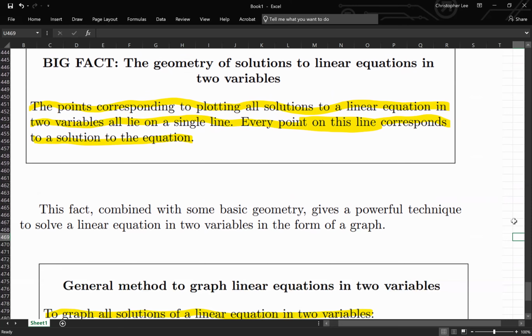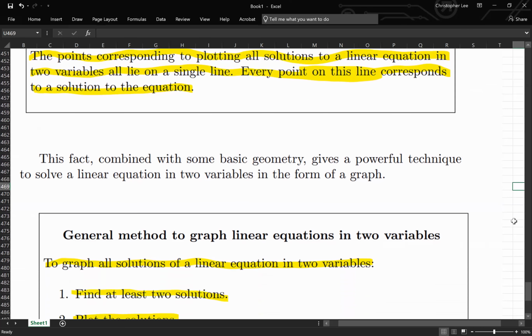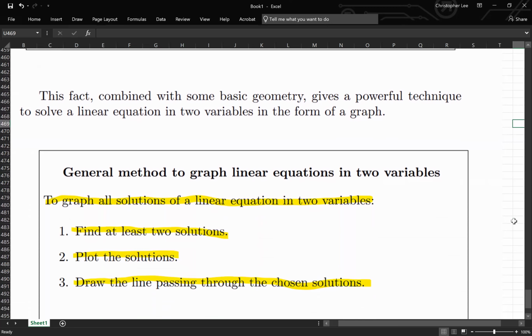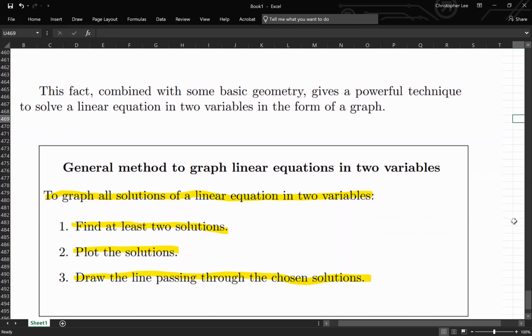This fact, combined with some basic geometry, gives a powerful technique to solve a linear equation in 2 variables in the form of a graph. So the general method to graph linear equations in 2 variables: find at least 2 solutions, plot the solutions, and then draw a line corresponding to those chosen solutions, right?